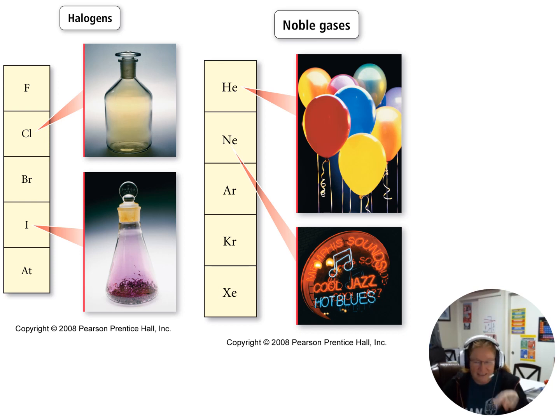So what's interesting, neon, this is pretty cool. Okay, so this red color in this sign here, it says Memphis Sounds, Cool Jazz, that actually is neon. So when you talk about neon signs, if it's red, it's neon. But if it's another color, even though we call them neon signs, they're actually not neon.